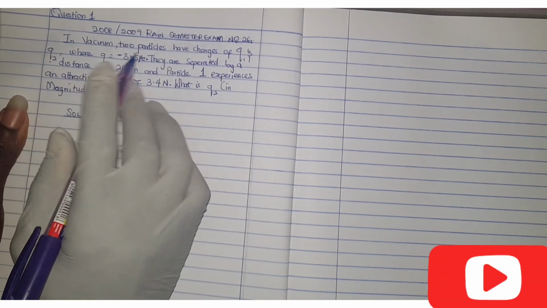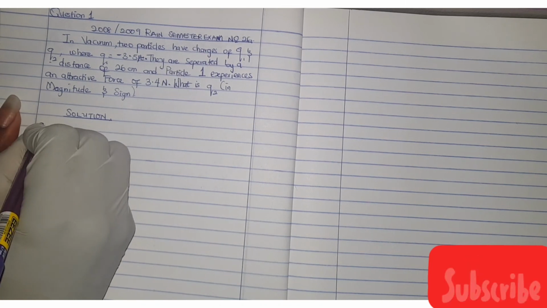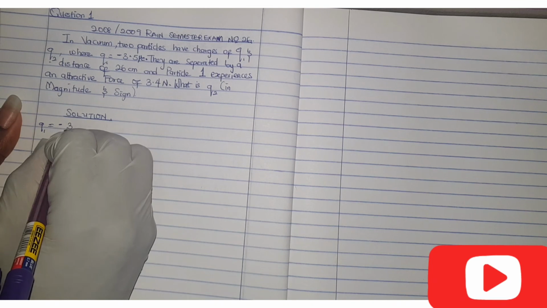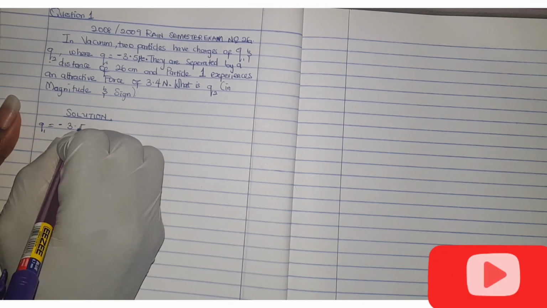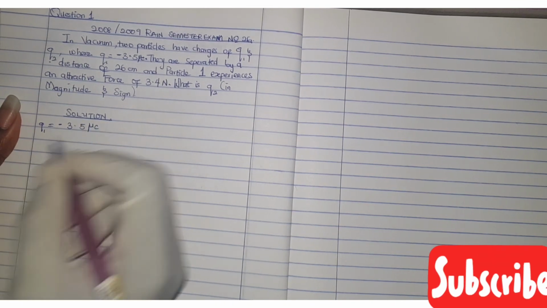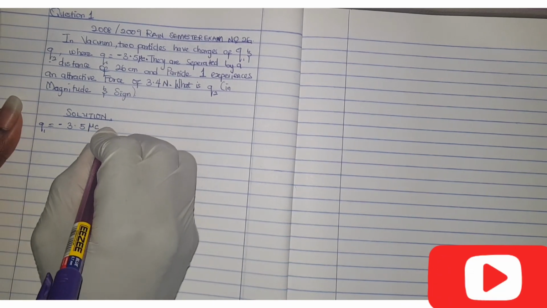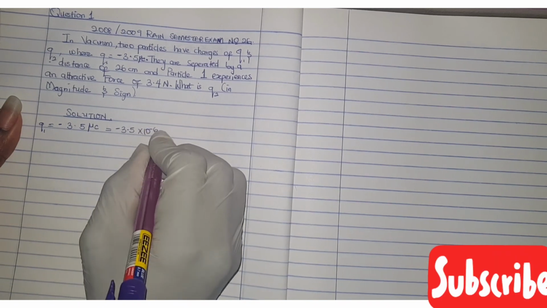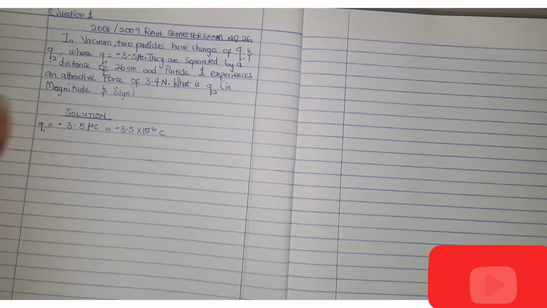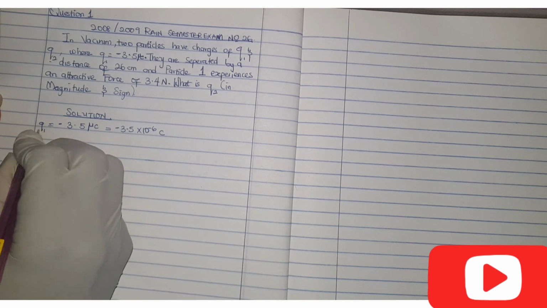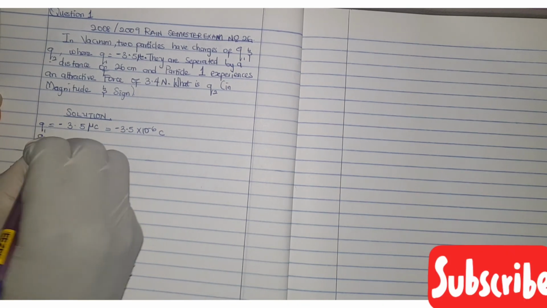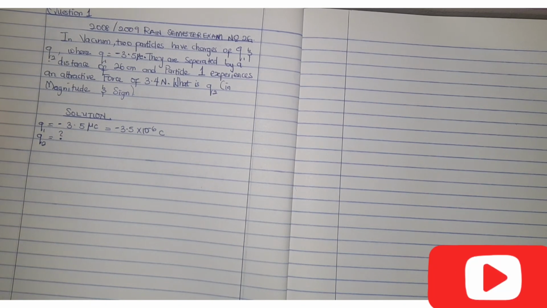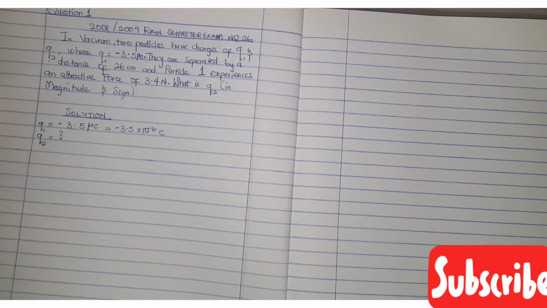The value of Q1 was given, let us write Q1 equals minus 3.5 microcoulomb, which is equivalent to minus 3.5 times 10 raised to the minus 6 coulomb. Q2, which is not given, we'll have a question mark.